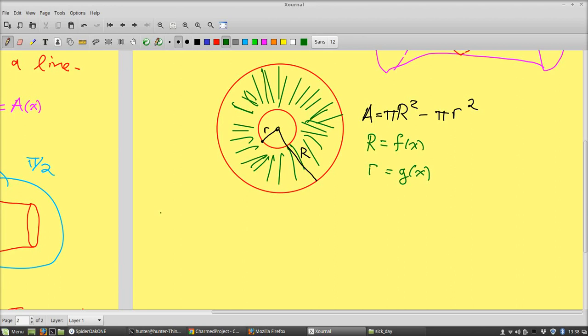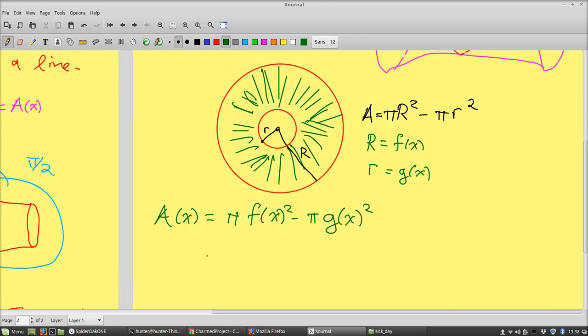Okay, so now the area of a slice at x for this kind of solid of revolution is pi f of x squared minus pi g of x squared.